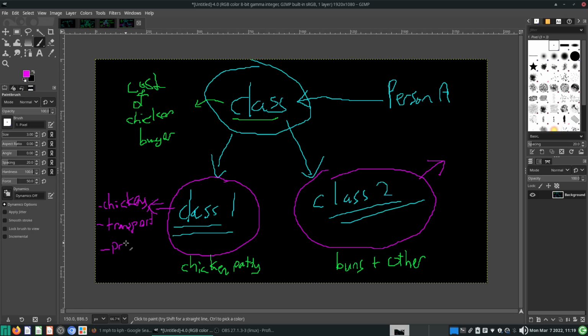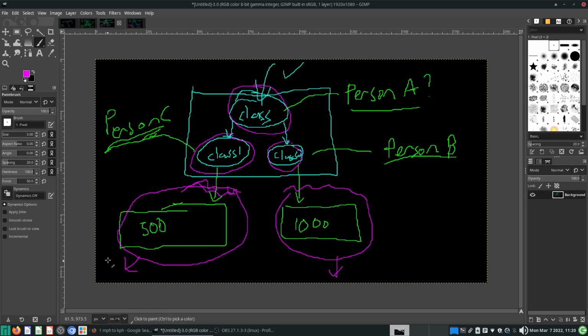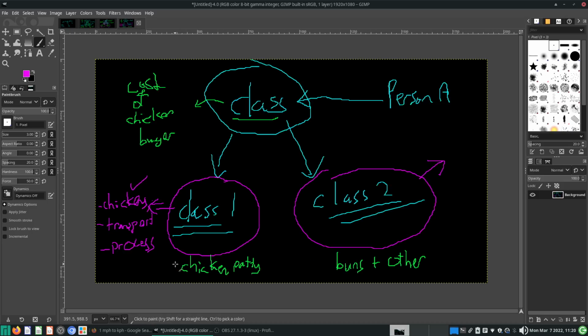Unfortunately, you have to kill chickens to get chicken meat, and then you have to make it into a chicken patty and put seasoning on it. So a lot of factors go into how much a chicken patty costs. Maybe it takes 500 functions to calculate all of this, because you need to pull in real-time market prices, things like that.